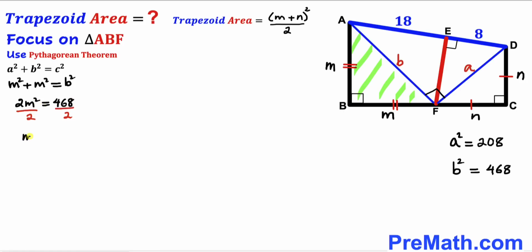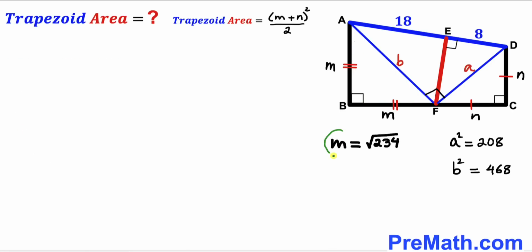So therefore m square is going to be equal to 234. And now I'm going to undo this square by taking a square root on both sides. So therefore our m value turns out to be square root of 234. So thus our lowercase m value turns out to be square root of 234.